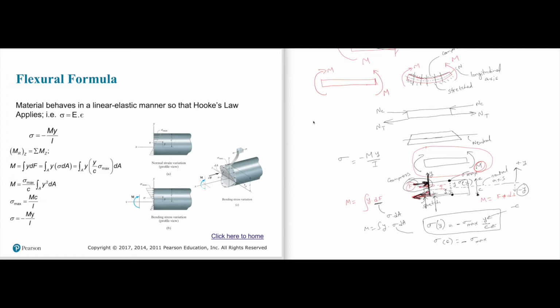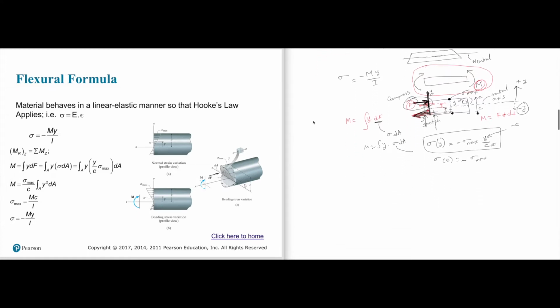So let's substitute this into this formula. So M is equal to integral of y times sigma, which is negative sigma max times y over c, times dA. Because sigma max is a constant, we write it outside the integral. Even c is a constant, it's the radius of the material. We write this outside the integral.